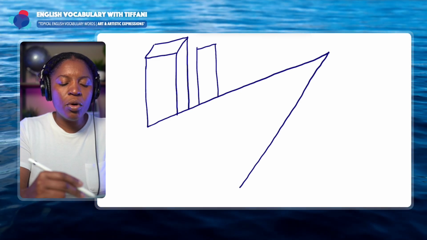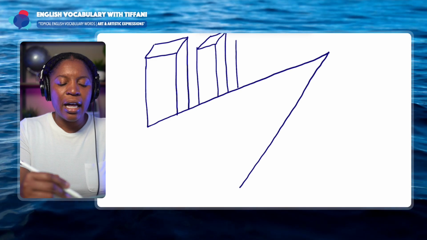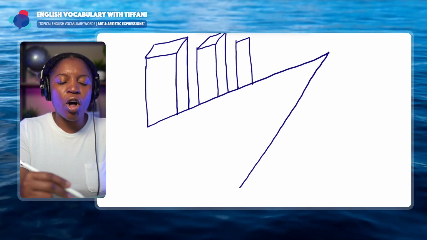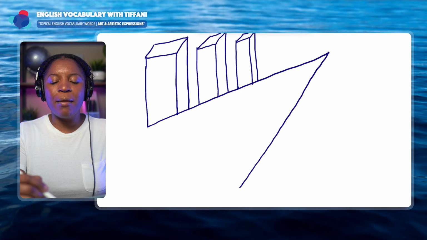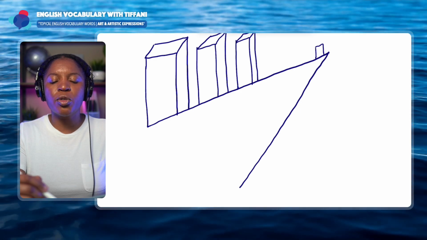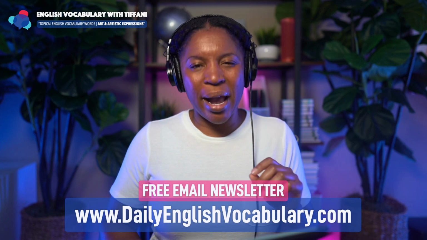But as we move further and further away, the buildings get smaller and smaller. This is an example of perspective. All right, so I want us now to check out the example sentences using this word. So here we go.